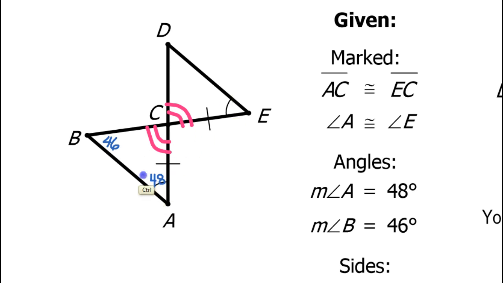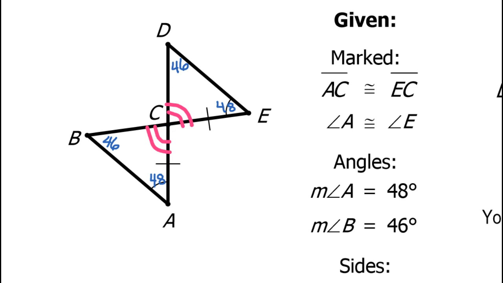Okay, now these two triangles are going to be congruent. Notice that A and E are congruent, so that means this is going to be 48 right here. That means angle B corresponds with angle D, so that's going to be 46 right here.